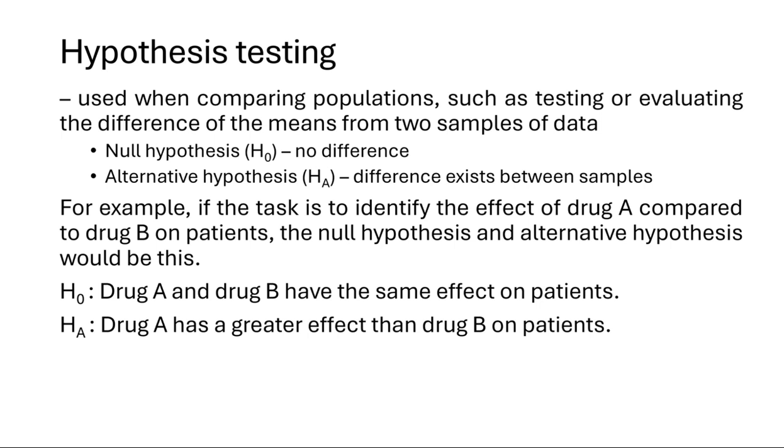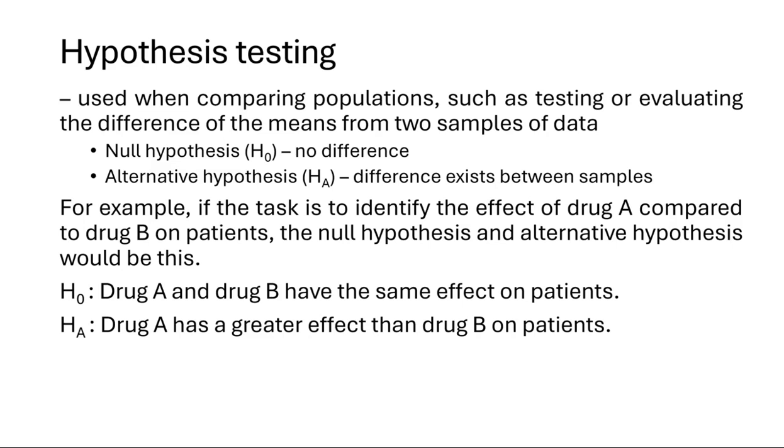If you are having two drugs A and B, and we have to identify whether these two drugs have the same effect on patients or different effects on patients, we have to assume hypotheses H0 and HA. As we discussed, H0 always assumes that there is no difference between the data taken.